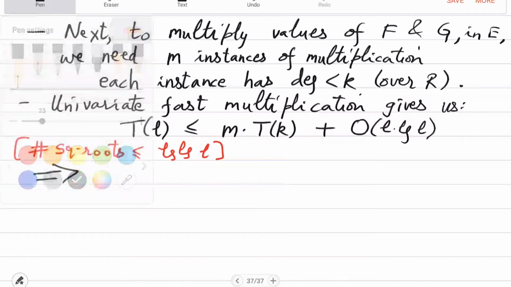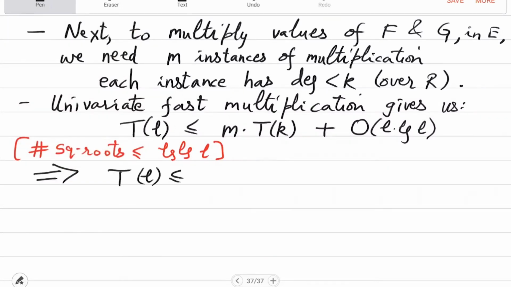So you get T(L) to be L times log L times log log L. That's the algorithm you have.